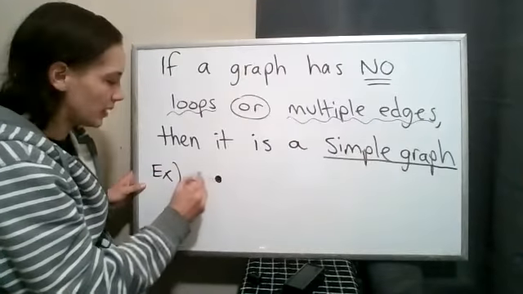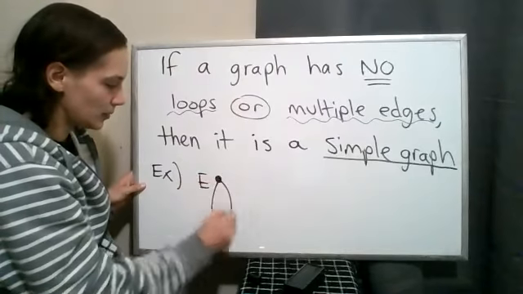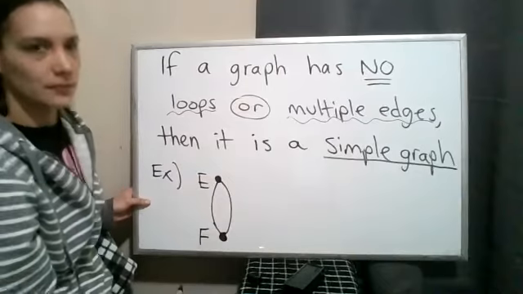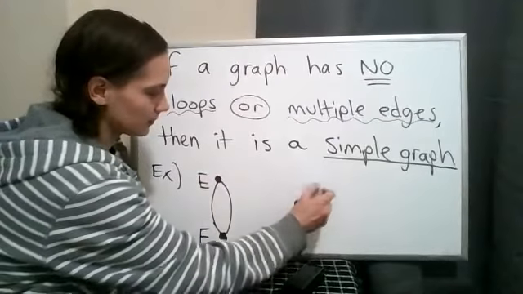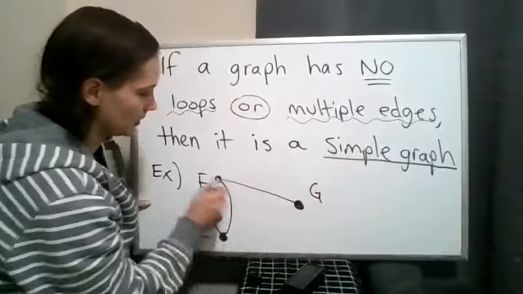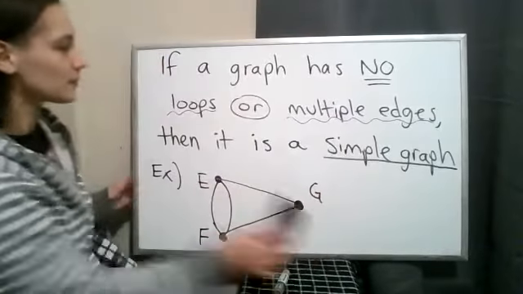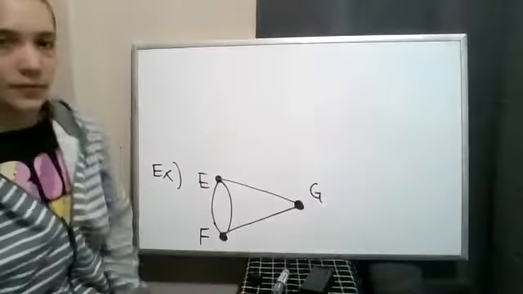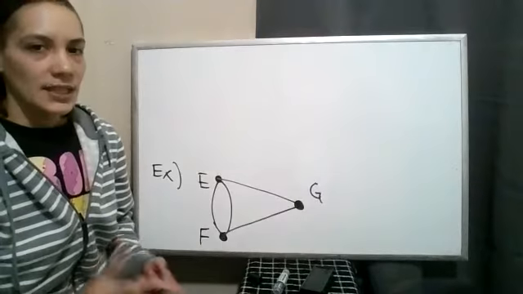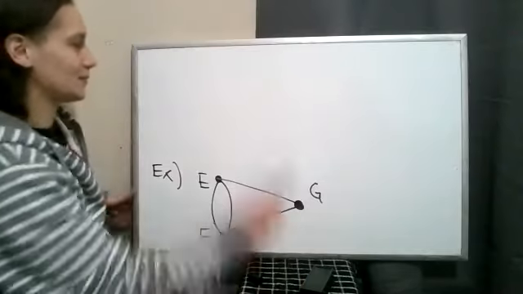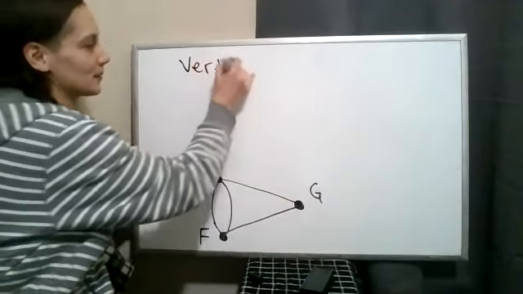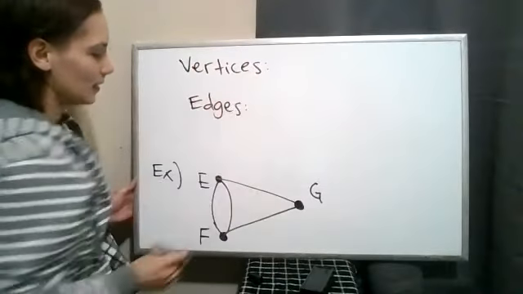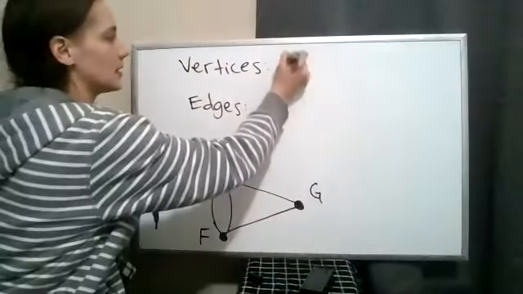It looks like this. We have a dot labeled E, which goes to F twice. Over here is G, and we connect. So we're going to list the vertices and edges. E, F, and G are our dots.